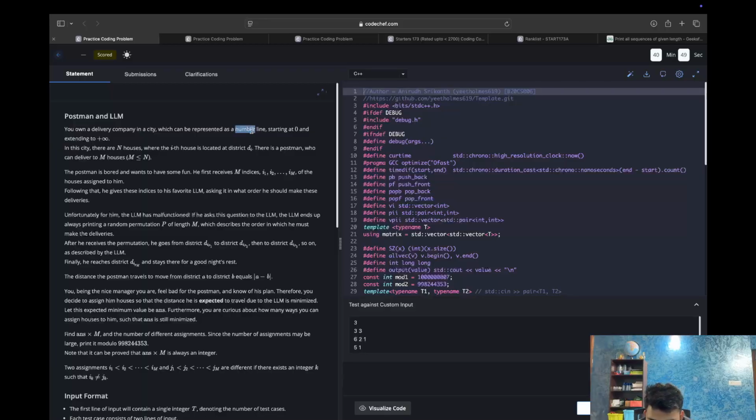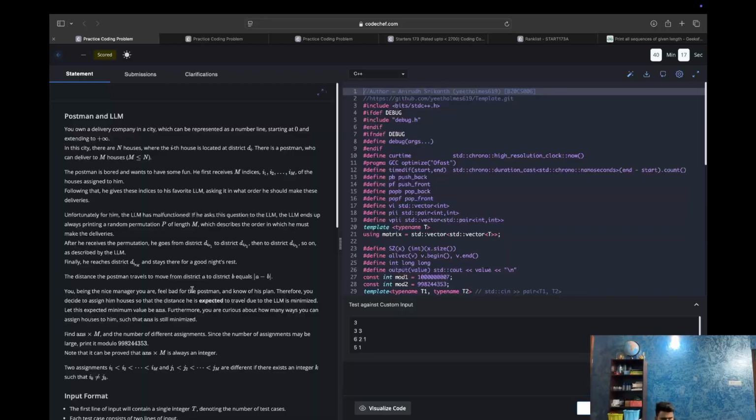Minimum value stands. Furthermore, the answer times m is always an integer. So you have sigma answer times the number of ways you can give him, divided by the total number of ways.